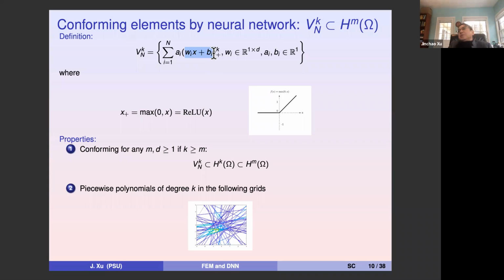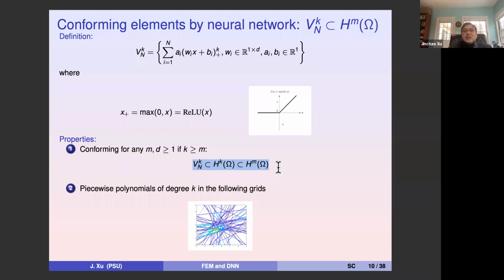That is going to be a hyperplane. So in 2D, you have this very special looking grid. Okay, that fits the bill. It's a piecewise polynomial of degree k, but it is conforming. So the construction is totally trivial.